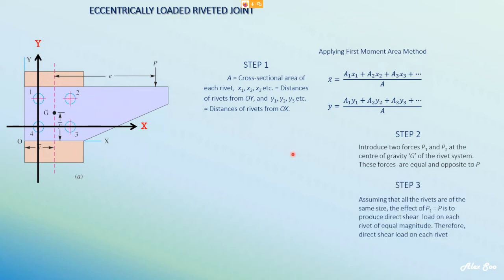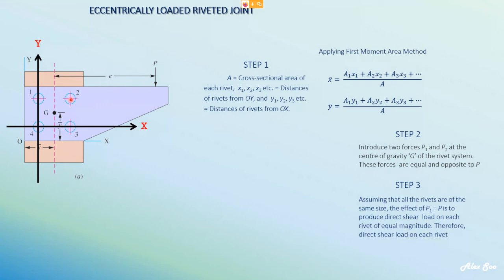Assuming that all the rivets are of the same size, P1, P2, P3, and P4 are each equal to P, this total load, divided by N, the number of rivets. So for example, if you have 40 kilonewton here, your P1 is acting vertically downwards. On this diagram, you have to draw an arrow acting vertically downwards from the center of rivet 1.